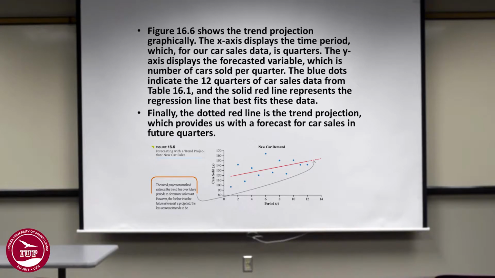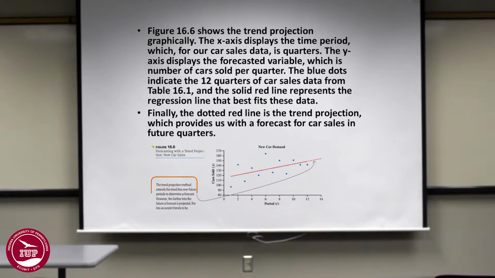The x-axis displays the time period, which for our car sales data is quarters. The y-axis displays the forecasted variable, which is the number of cars sold per quarter.